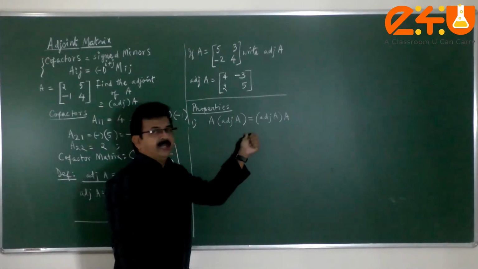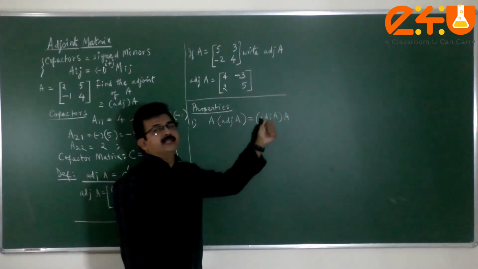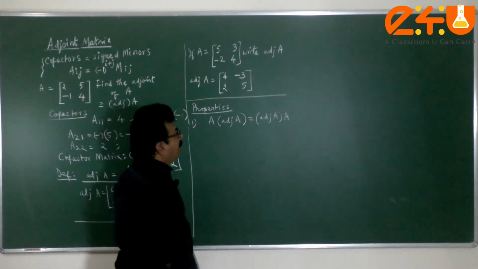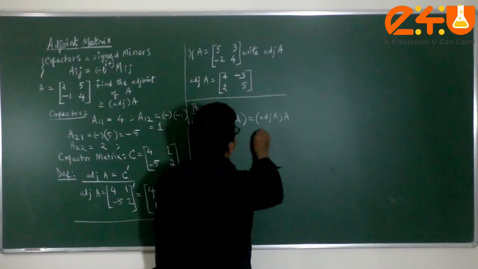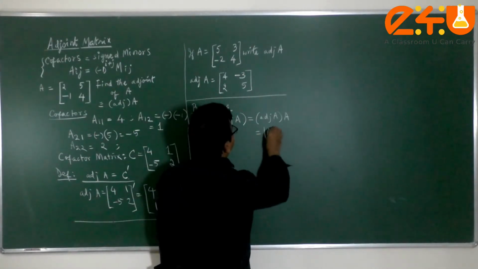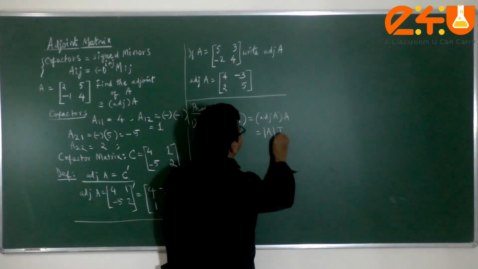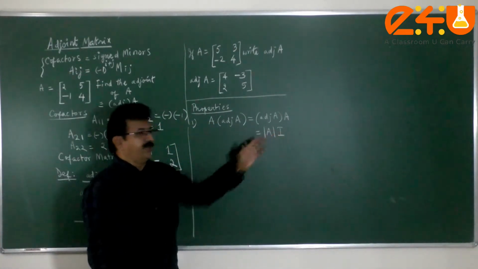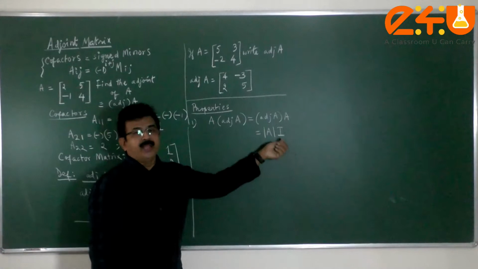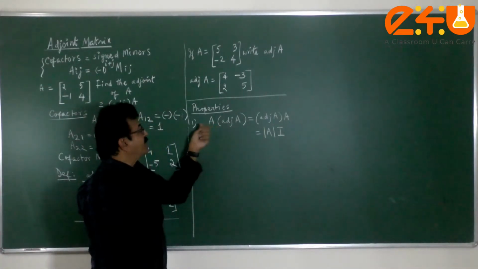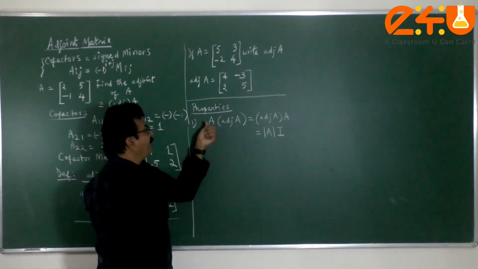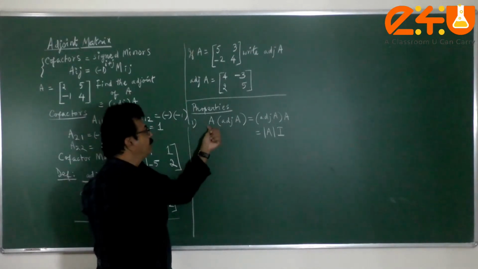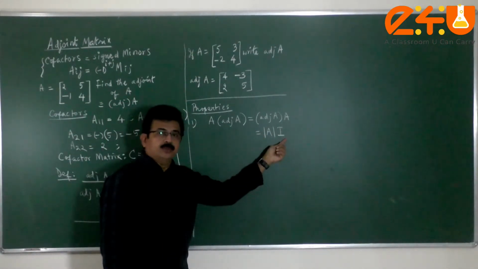A times adjoint A is the same as adjoint A times A. The result is determinant A times the I matrix, the identity matrix of the same order to which A belongs. If A is a 2 by 2, then this is I2.